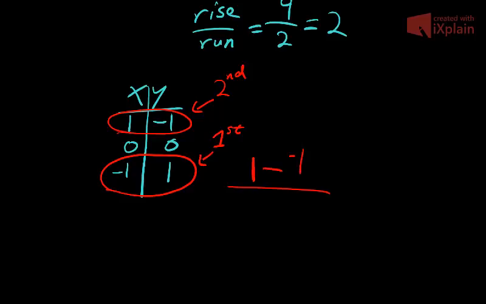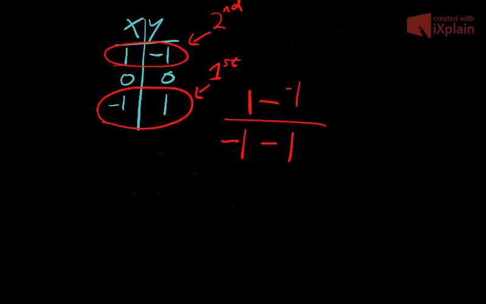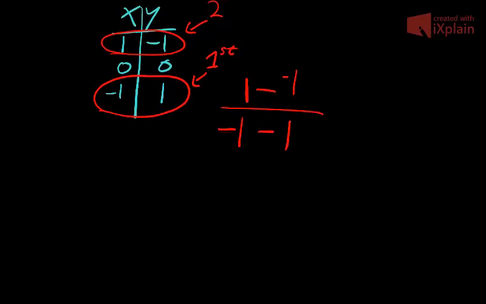I'm going to divide that by my x's, and my first one's going to be negative 1 minus 1. So I do this, 1 minus negative 1 is going to be 2, and negative 1 minus 1 is going to be negative 2, and 2 divided by negative 2 is going to be negative 1, just like that.